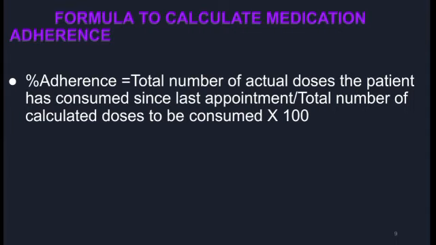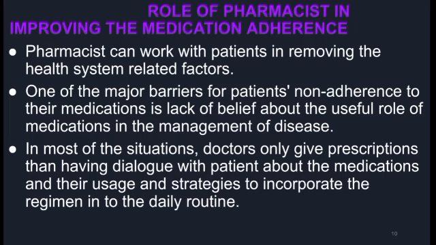Until this appointment date, until today, he has consumed 30 out of 100. So 30 divided by 100 times 100 gives the percentage of medication adherence, 30 percent, till now.